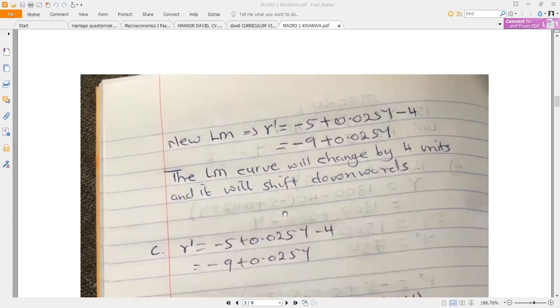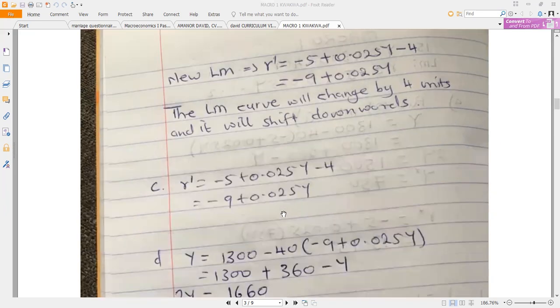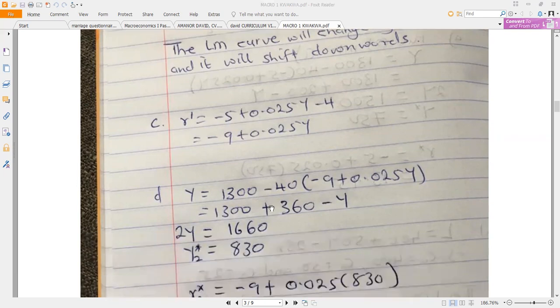The next one is to find the new equilibrium income and then interest rate. After the policy, there was no effect on the IS curve, so we are still using the old IS curve, but it's the LM curve that has changed.